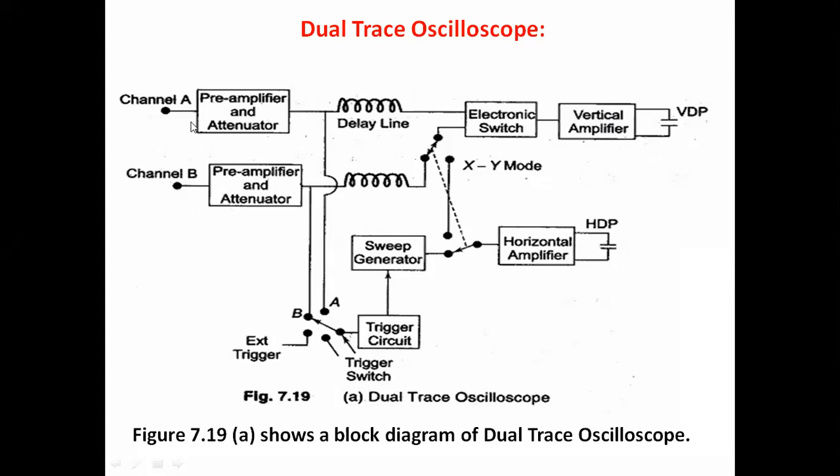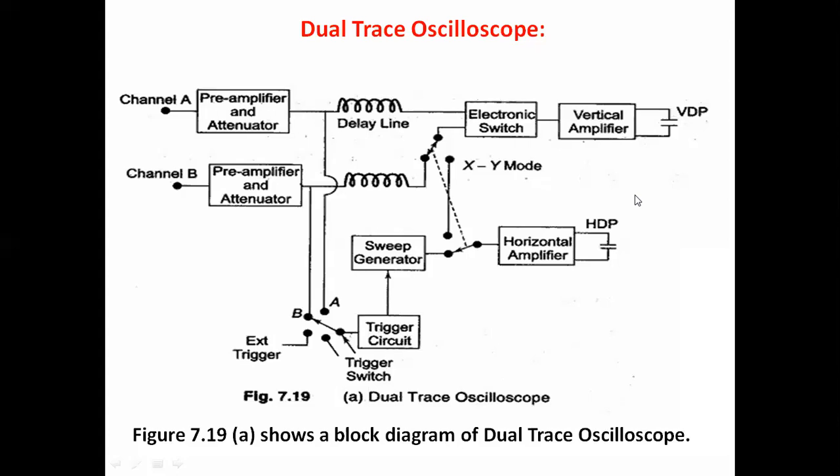So this electronic switch selects each individual signal: channel 1, channel 2, channel 3, like that you can get the 8 channels, and it produces displays from top to bottom. On the screen of the CRT, we can obtain it in the form of dots.